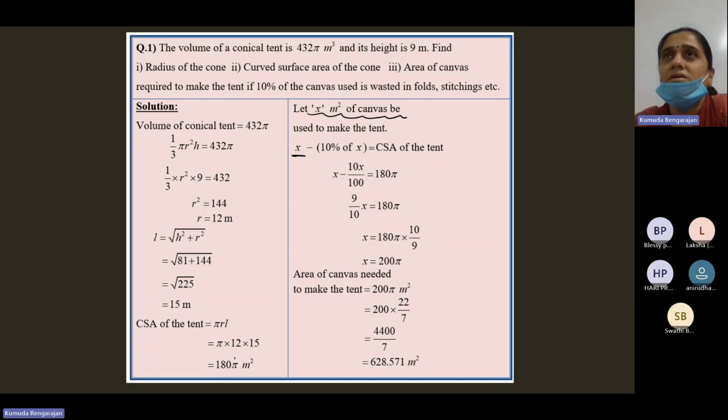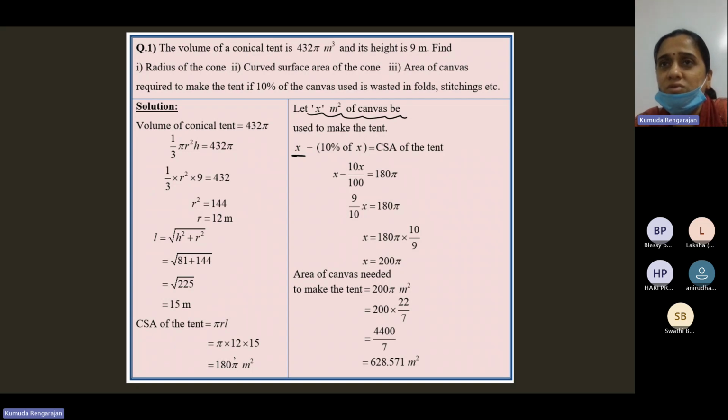Whenever we put up a conical tent using any material, here canvas, that material is used to make only the curved surface area of the tent, not the total surface area, because the circular floor of the tent is not going to be covered with canvas.